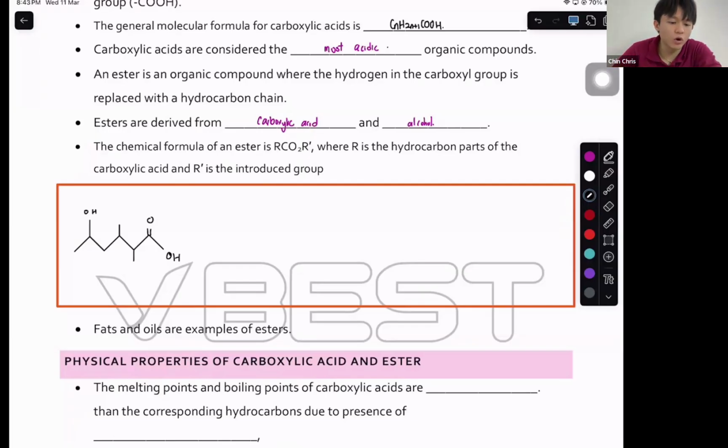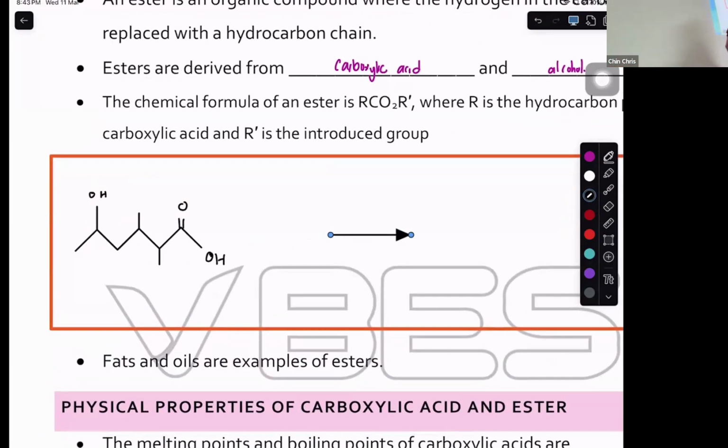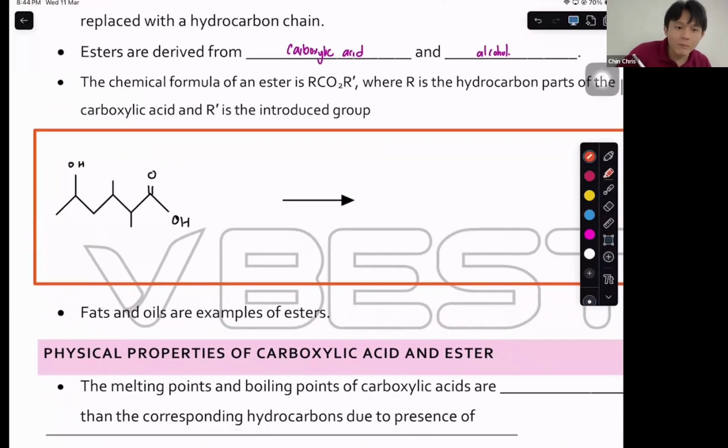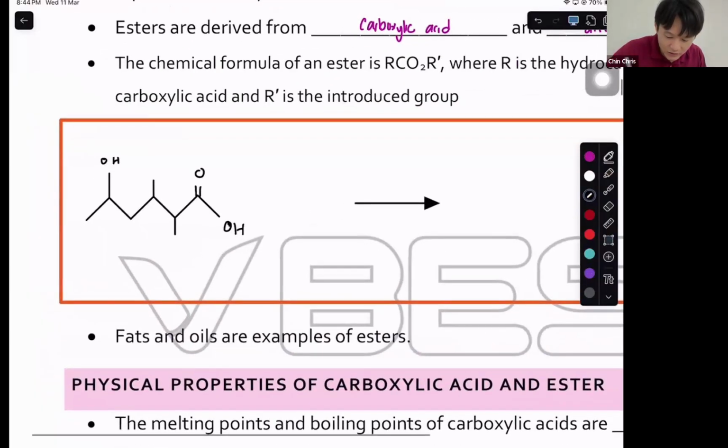Alright, guys, please draw out. Let's go. I want you guys to form the ester here. Alright, guys, how to form an ester? So your carboxylic acid, with concentrated H2SO4, and you have to put it under reflux.